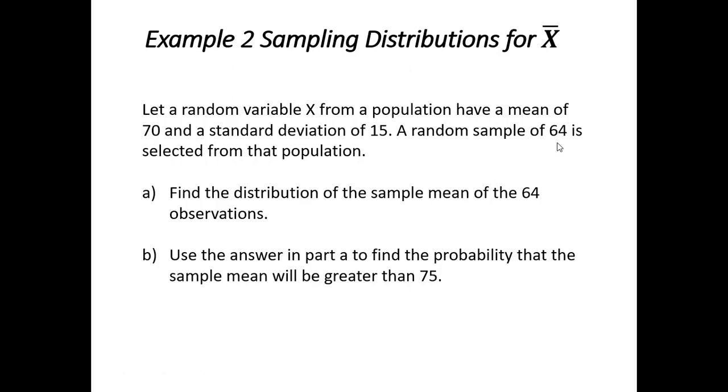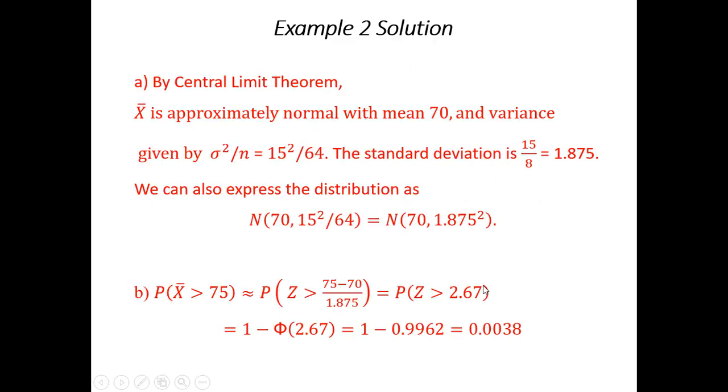And we're asked to find the distribution of the sample mean of the 64 observations, and then use that answer to find the probability that a sample mean will be greater than 75. So we know by the central limit theorem, the sample mean is approximately normal, mean 70, right?